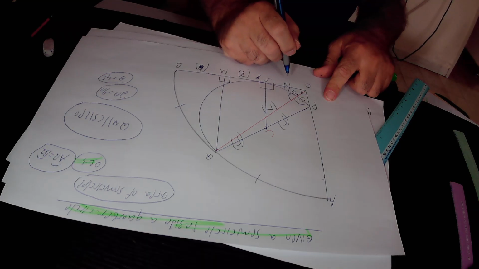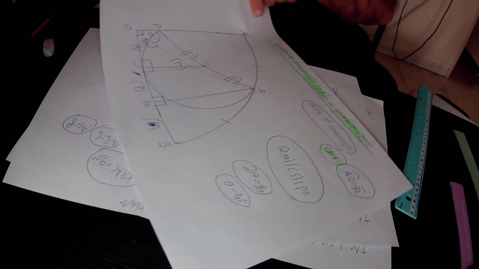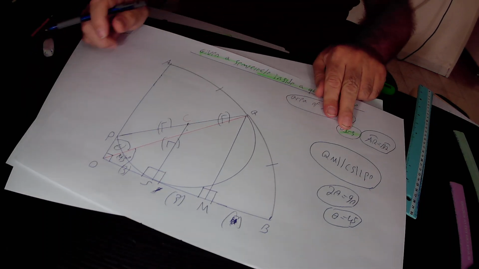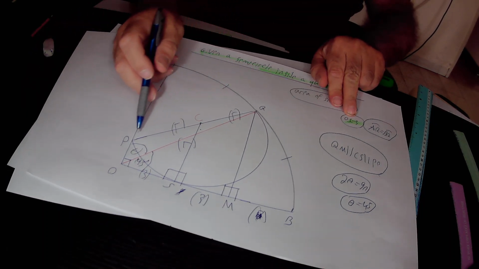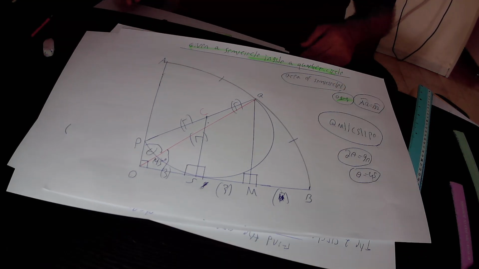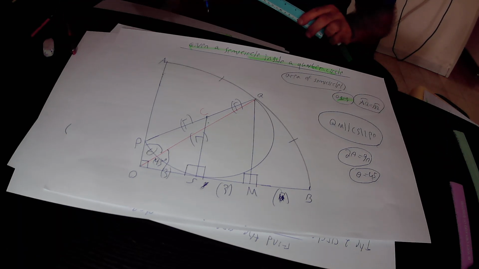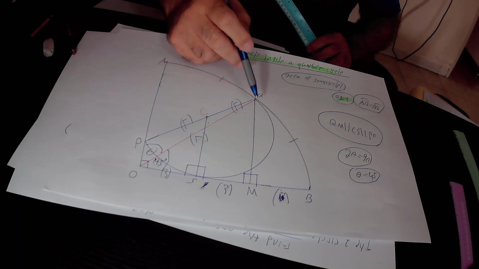In the next step, we'll focus on this right triangle QOM. It is very easy to see that tangent 45 degrees equals QM over MO.